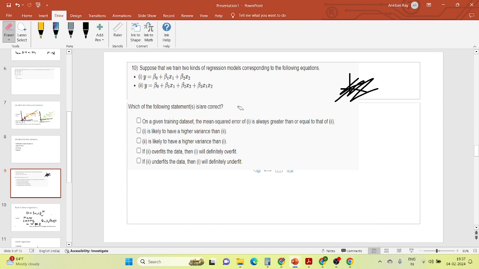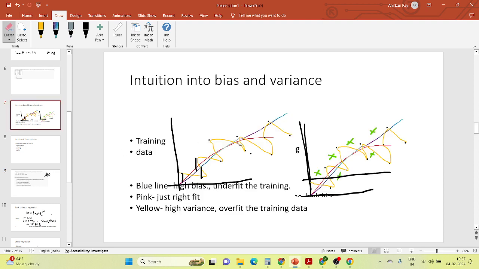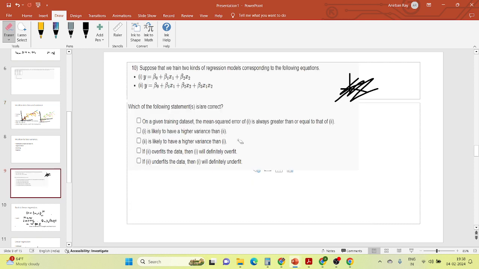As the second one is more complicated, on a given training data set the mean squared error of 1 is always greater than or equal to that of 2. That is correct, right? Because as you saw in the complicated one, the training error is least. So 1 should be greater, right?